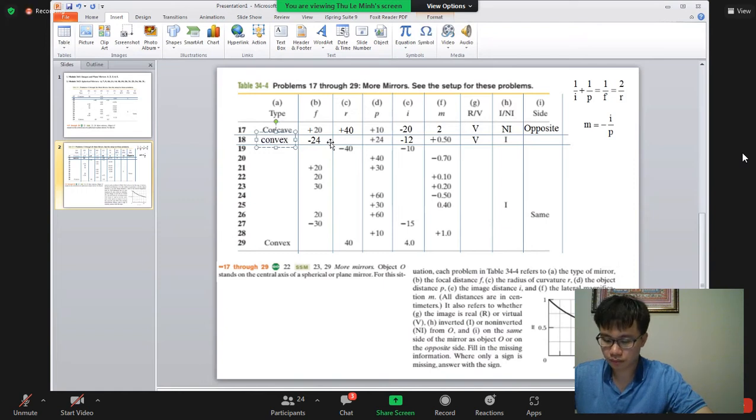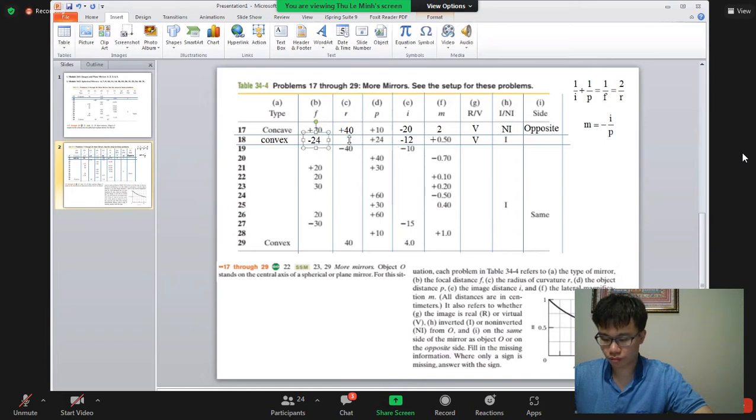Could we try to recalculate? Because you have f equals i times p over i plus p, right? Here you have p equal 24 and i equal minus 12, because m equals minus i over p. So minus 24.